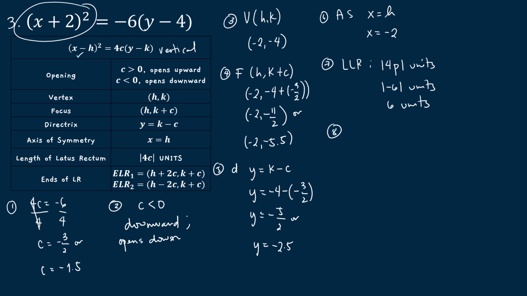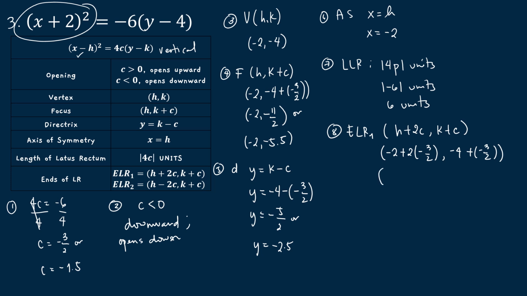For number 8, we have the ends of the latus rectum 1. The solution would be h plus 2c comma k plus c. So first write negative 2 plus 2 times negative 3 halves comma k. So kagaya lang naman siya dun sa focus. K which is negative 4 plus negative 3 halves.